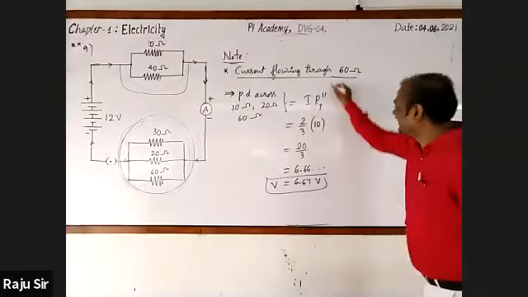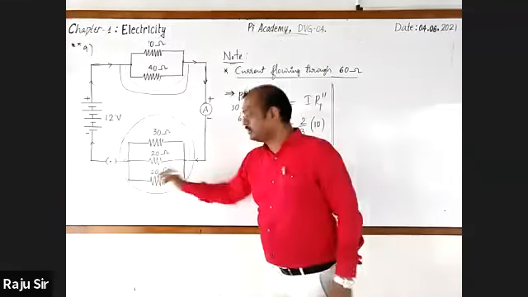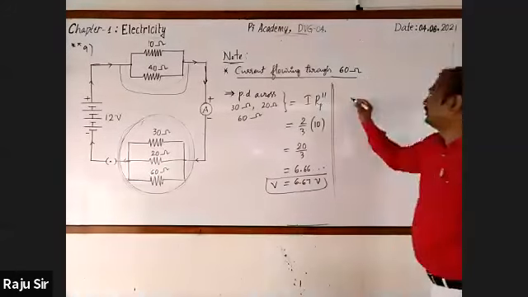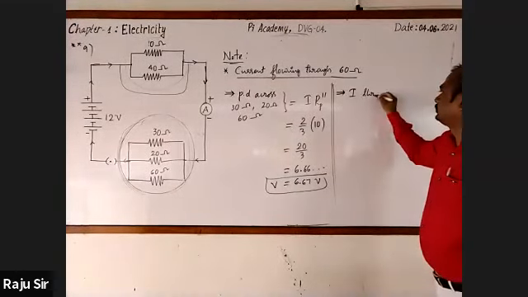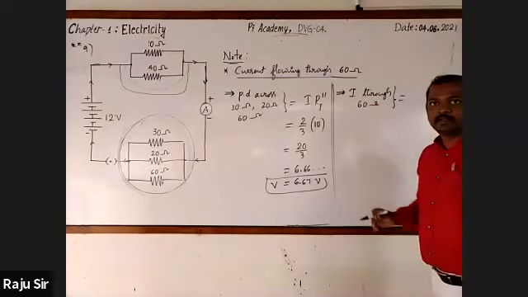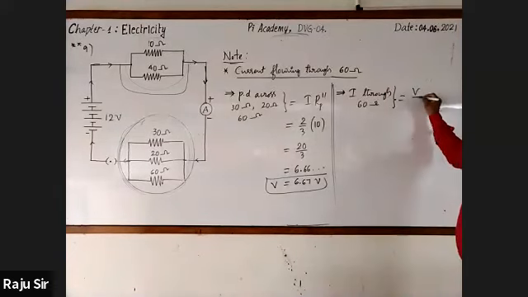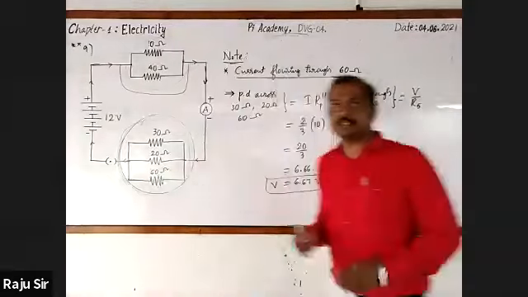Now we are going to find out the current flowing through the 60 ohm resistor. It implies the symbol I through 60 ohm. It is nothing but the current formula, V by R. Here we are taking the fifth resistor.